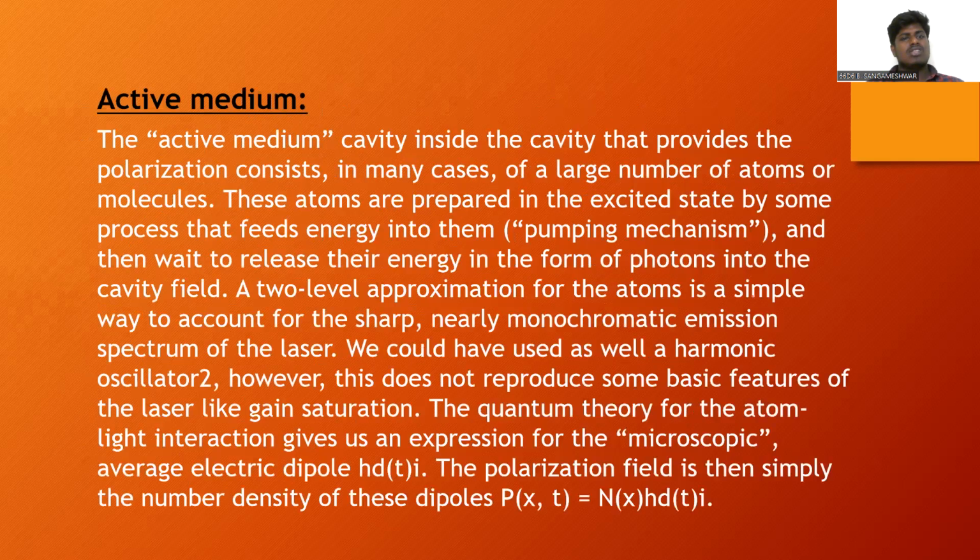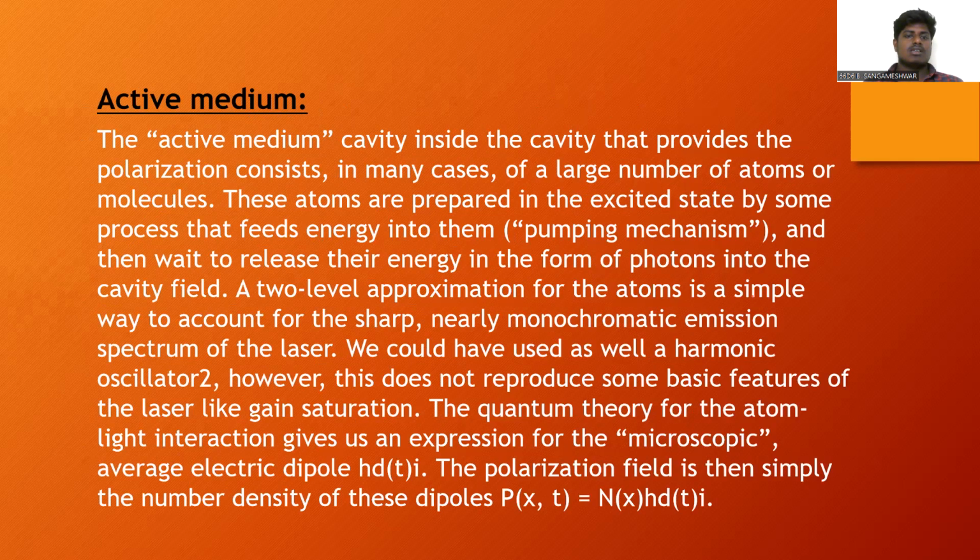Active medium. The active medium inside the cavity that provides the polarization consists in many cases of a large number of atoms or molecules. These atoms are prepared in the excited state by a process that feeds energy into them, the pumping mechanism, and then wait to release their energy in the form of photons into the cavity field.